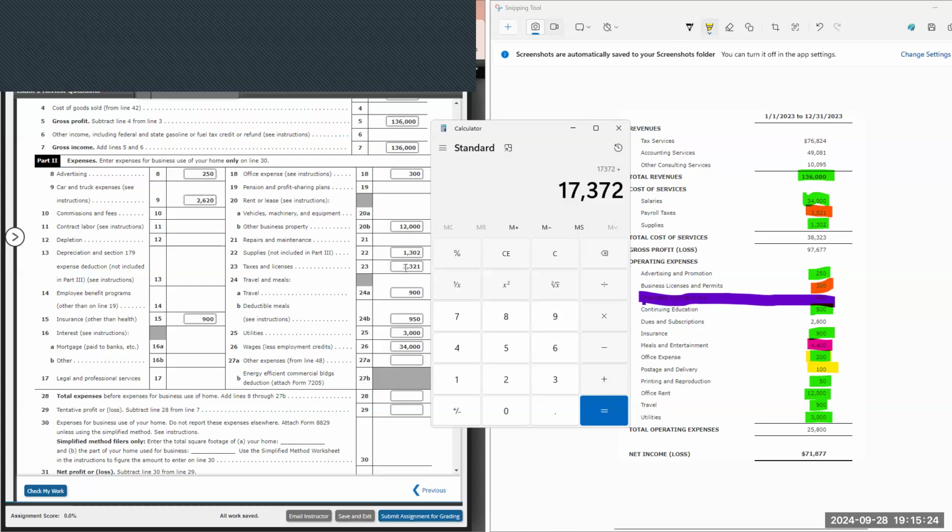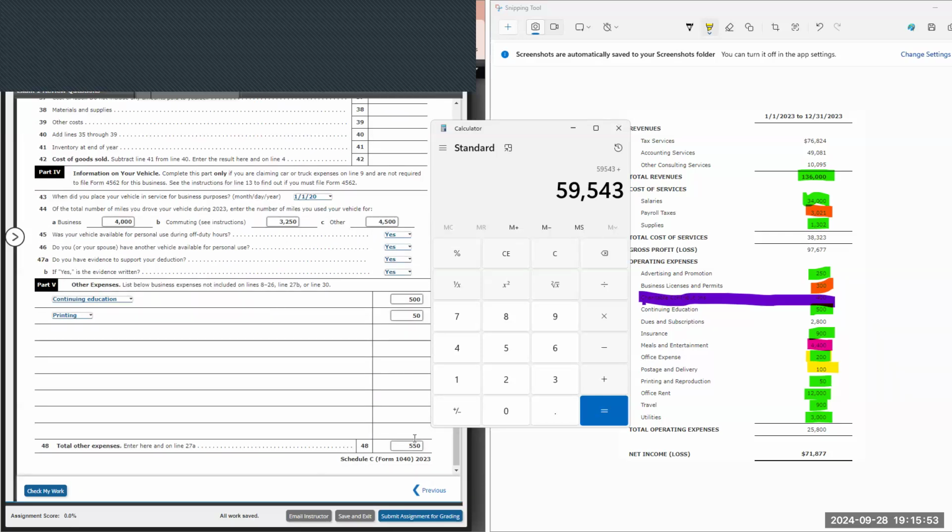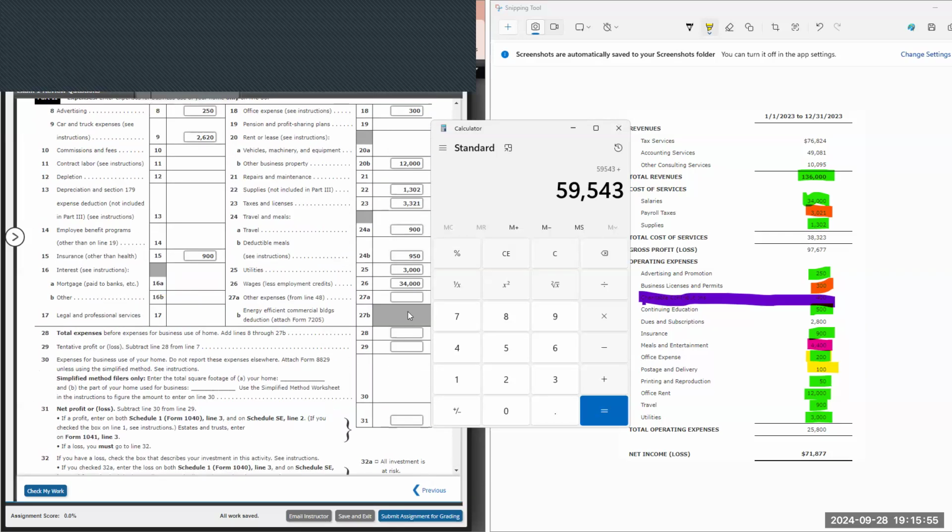Our taxes and licenses, which is a total of our payroll taxes of $3,021, plus our business licenses and permits. We add the $3,321, plus $900 for travel, plus $950 for deductible meals, plus $3,000 for utilities, plus $34,000 for wages. And then we factor in our other expenses down below, which is $550. We transfer this amount over.